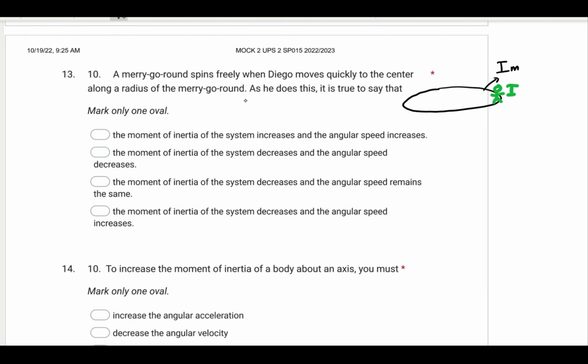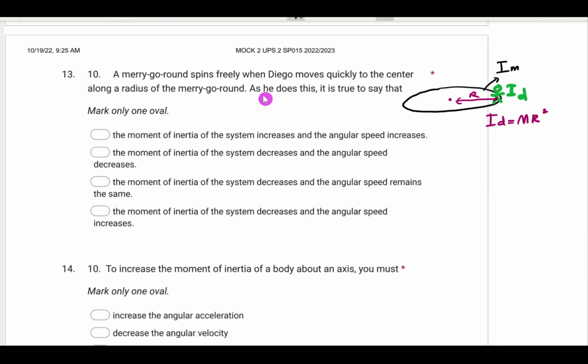Okay, dia pun akan ada dia punya moment of inertia of Digo. This is the R. So we can calculate ID, which is the Digo's moment of inertia. So it's equal to mr squared. So masa dia duduk ujung dekat merry-go-round ni, so inilah dia punya R lah, jauh sikit.